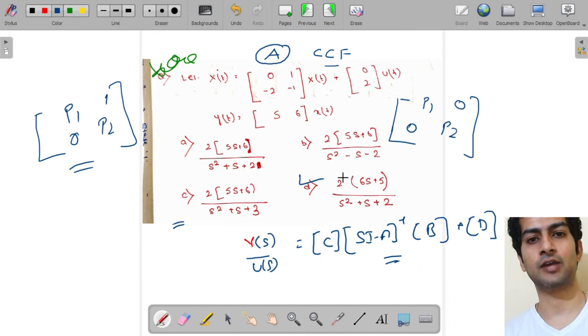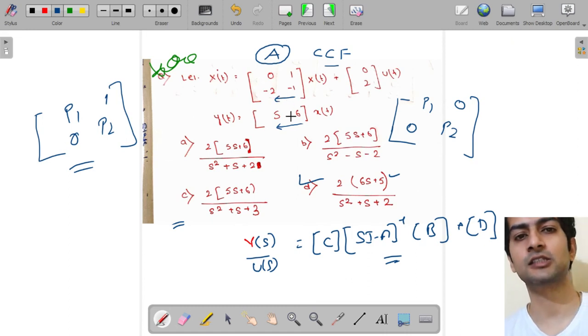Then we just have to verify from the options that this is the gain. We take it in the reverse direction without any sign change for the numerator, and for the denominator we take it in reverse with a sign change.